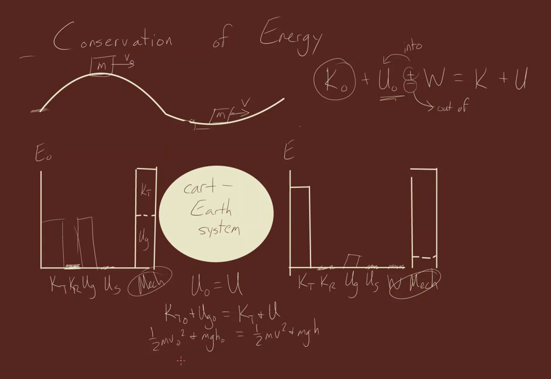And you'll notice the masses would cancel, and I can multiply everything by 2, so I get v naught squared plus 2 g h naught is equal to v squared plus 2 g h. This is starting to look familiar. This is our kinematics equation.